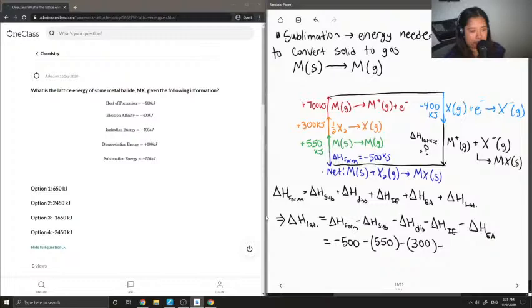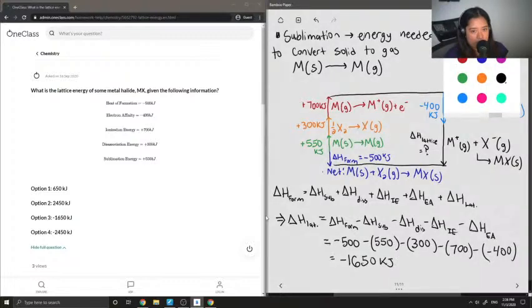Ionization energy was 700. And then the electron affinity was minus 400. So if we add all these values together, you get minus 1,650 kilojoules as our delta H.